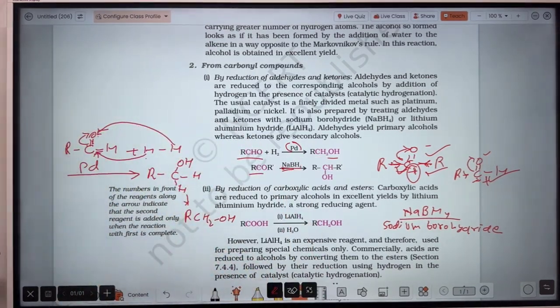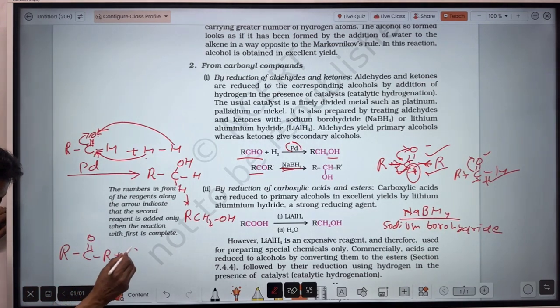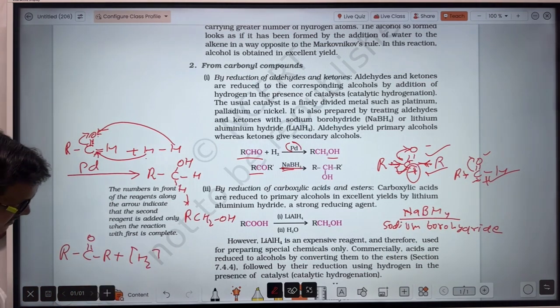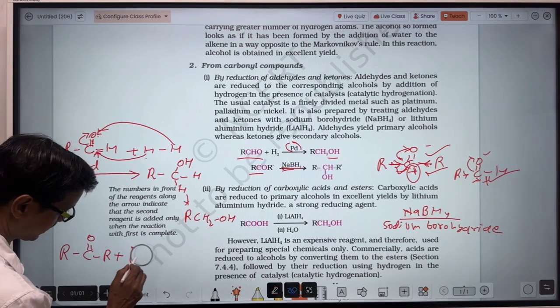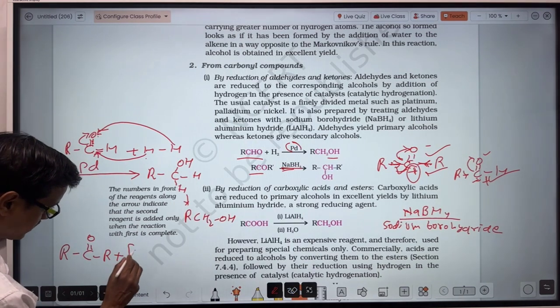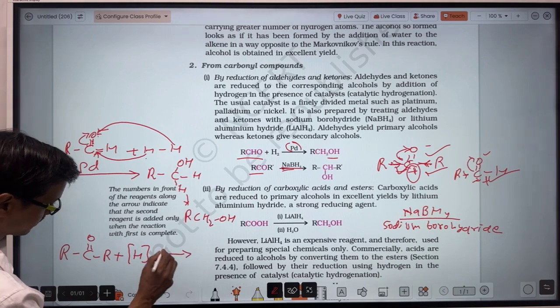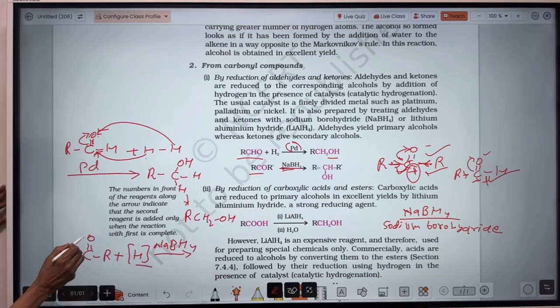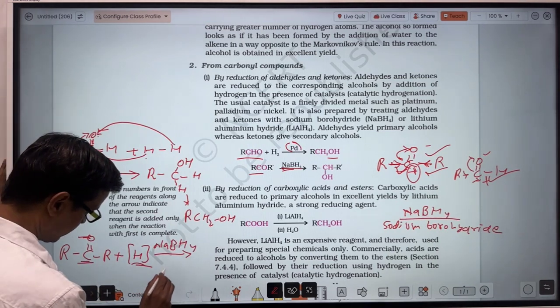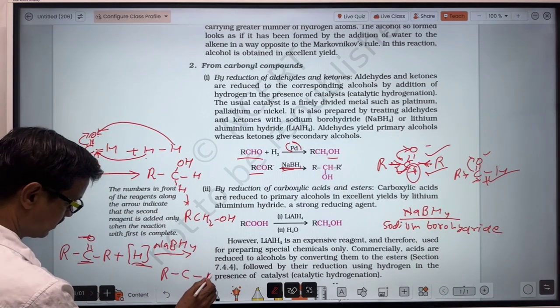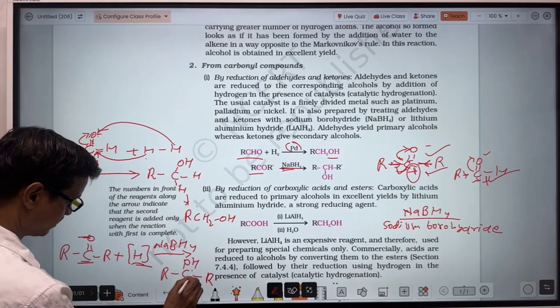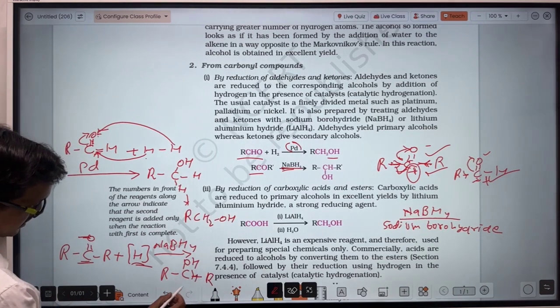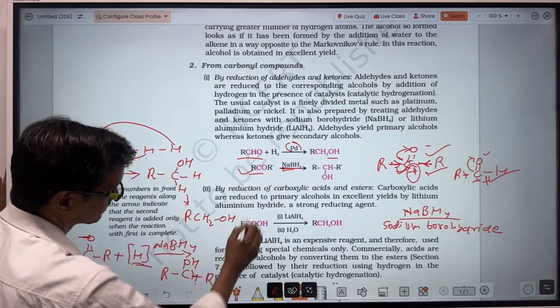So here the ketone gets nascent hydrogen from the NaBH4, that means sodium borohydride. Hydrogen will bond to this oxygen and hydrogen will bond to this carbon. So the compound will be R, CH, OH, R, that can be written as RCHOHR, like this.